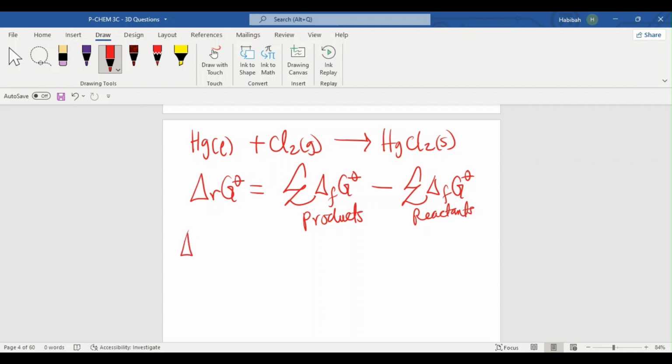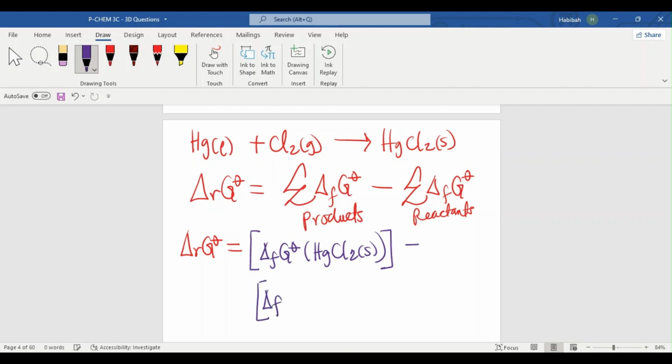So the Gibbs energy of reaction is going to be equal for the products, we're going to do the product first. So let me just write that down. So you have the big bracket. So you have the Gibbs energy of formation for HgCl2 solid minus the Gibbs energy of formation for the reactants.